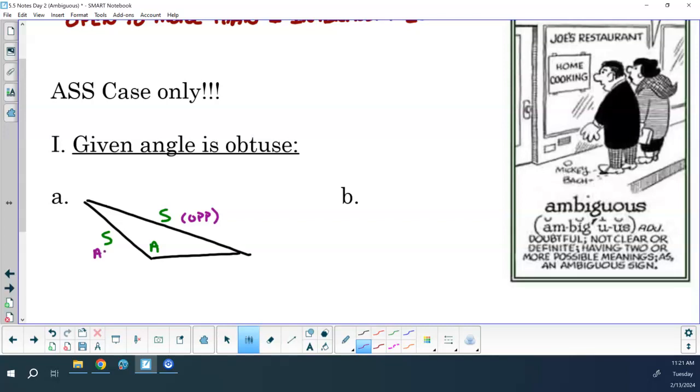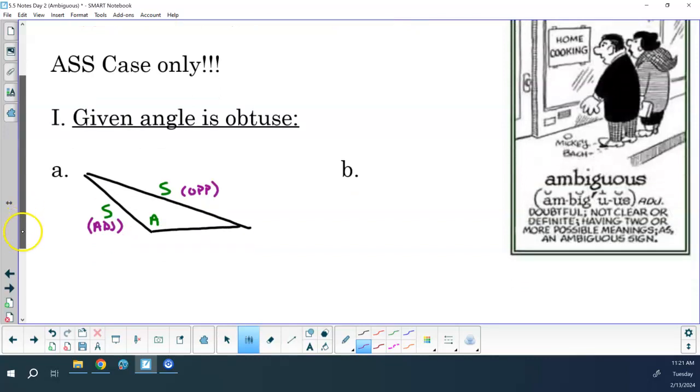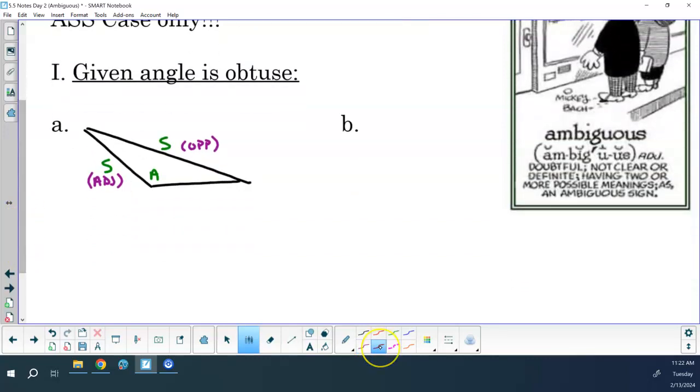This other side, and it doesn't matter which position it's in, up here or down here, we're going to call the adjacent side. We're going to steal the terminology from SOHCAHTOA. We can't use SOHCAHTOA because we're not in a right triangle, but we'll steal the terminology so that we at least have something that's the same. So if that is the case, then if there is a triangle formed, the opposite side has to be longer than the adjacent side.